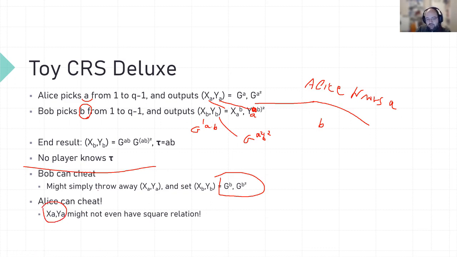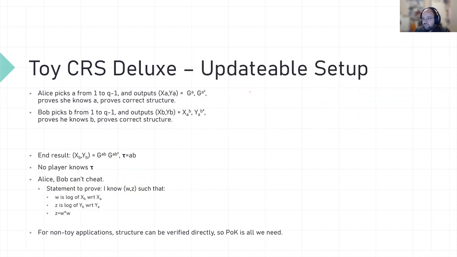Alice is allowed to cheat because she's supposed to take 2 elements where the second has a discrete log of the square of the first, but she might do something else. So both people have the opportunity to cheat. If they could not cheat, then this protocol would be fine. So let's prevent that.